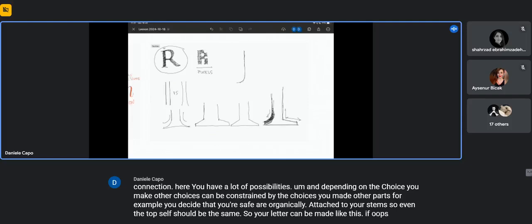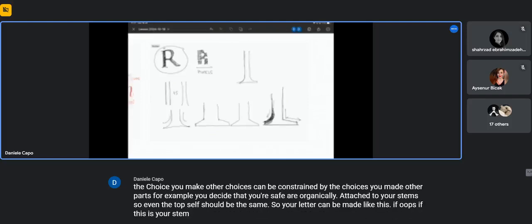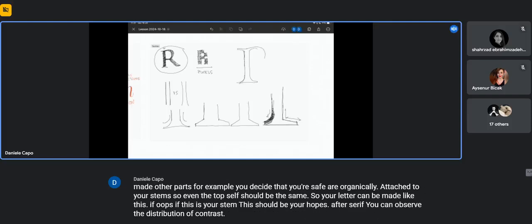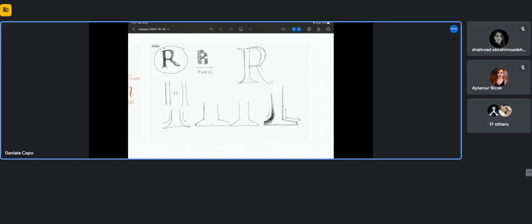This should be your upper serif. You can observe the distribution of contrast and decide how the shape will be made.